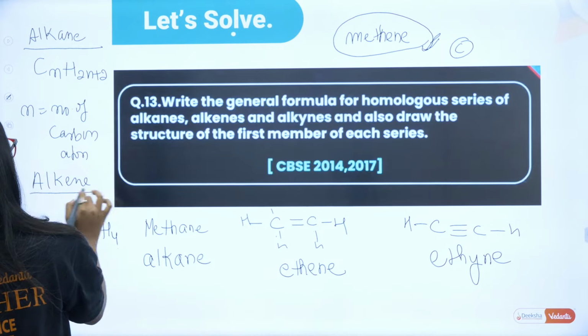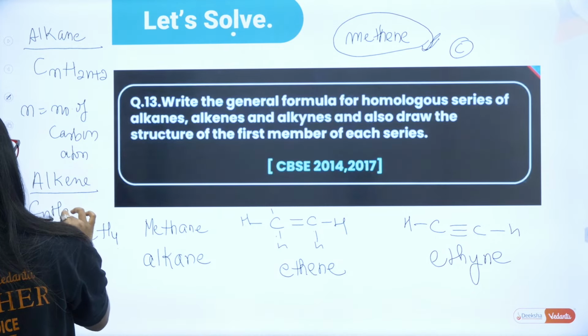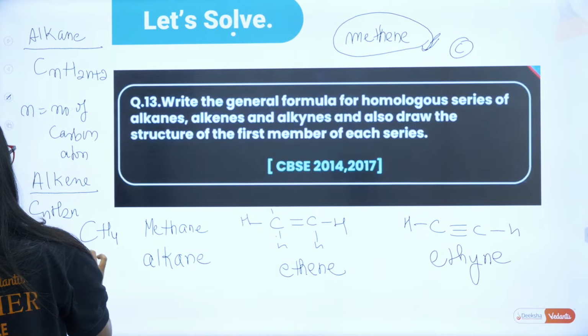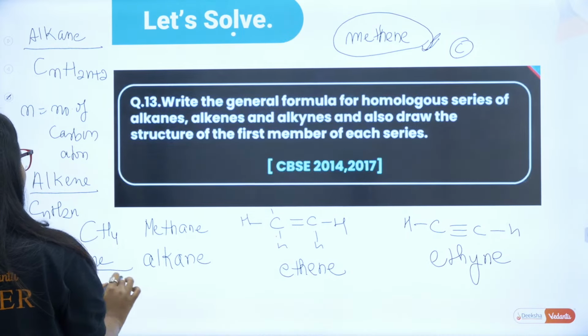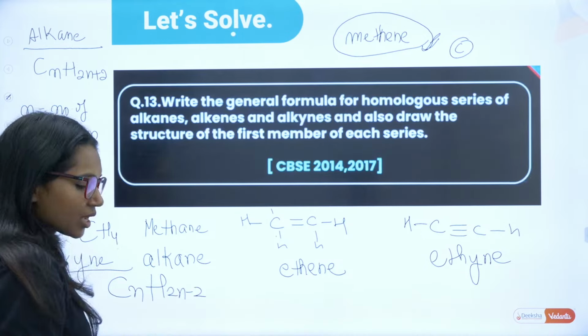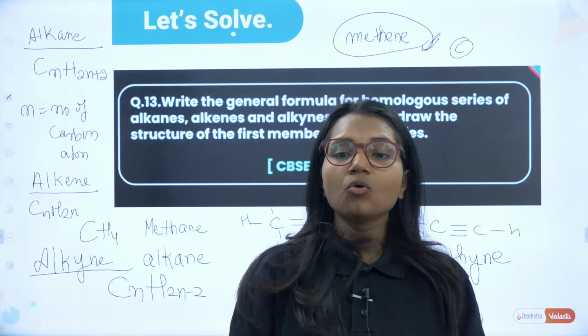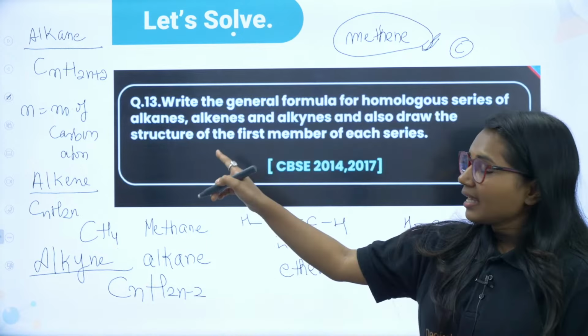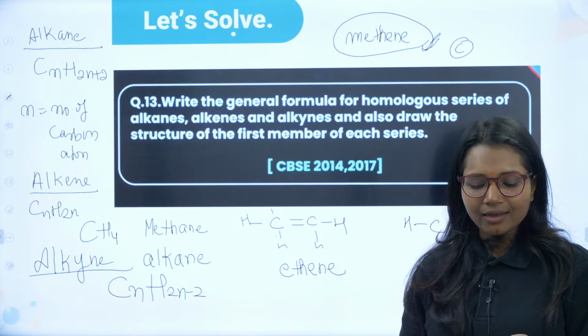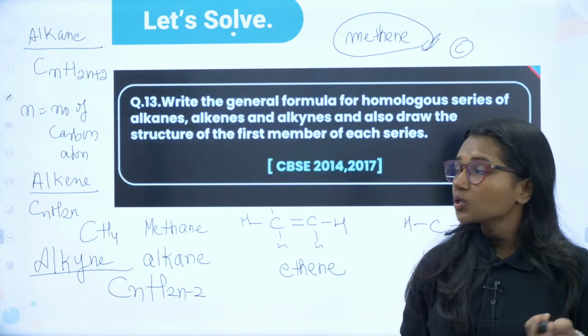It is CnH2n. Correct? And what is the general formula for alkyne? It is CnH2n-2. These are the general formulas for alkane, alkene and alkyne. Correct? Is that clear? Can we move forward to the next question?